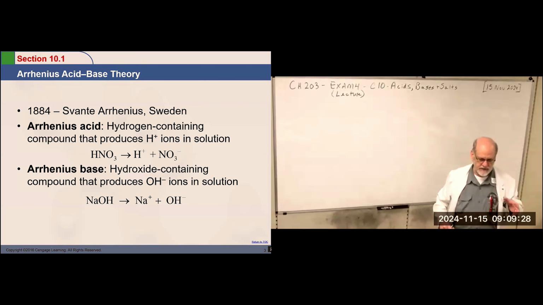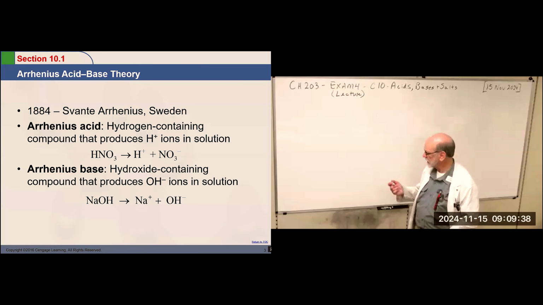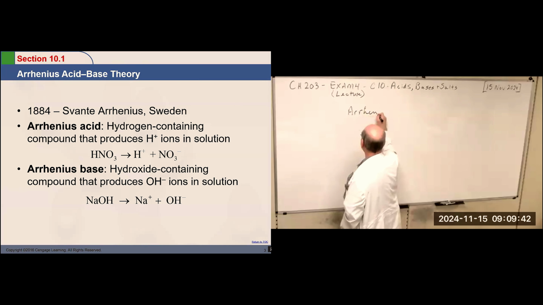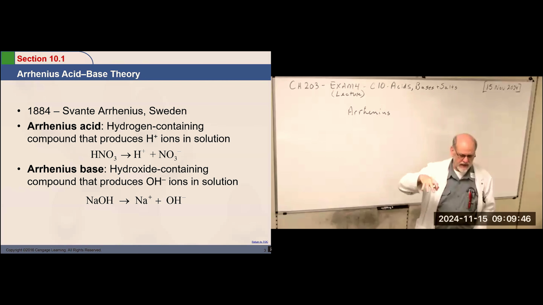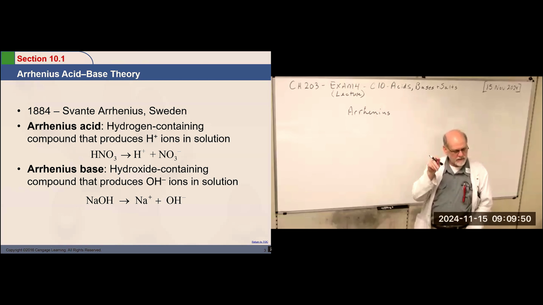The concept of acids versus bases was introduced in a quantitative sense by a Swede, Arrhenius. The Arrhenius concept of acids and bases has to do with what's in the molecule when it goes into solution.